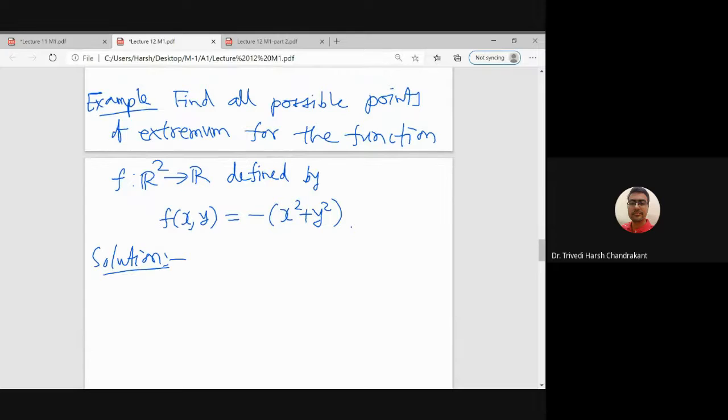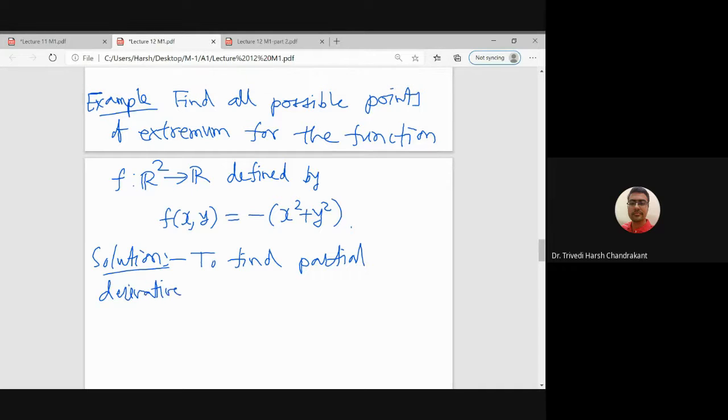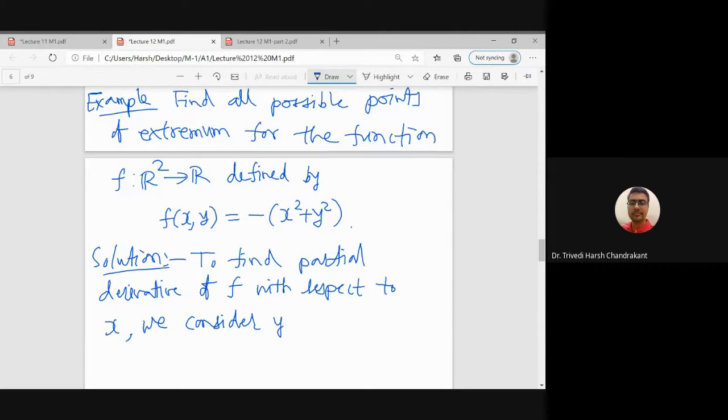To find the necessary condition, we first need to find the partial derivative. So to find the partial derivative of f with respect to x, what we do is we consider y as a constant.